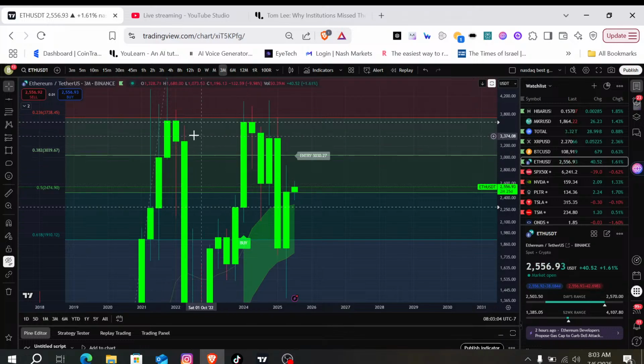For example, in the 3 monthly, I will mark down all the main prices. By that I mean your main support and your main resistance, and that's where each 3 monthly closes.